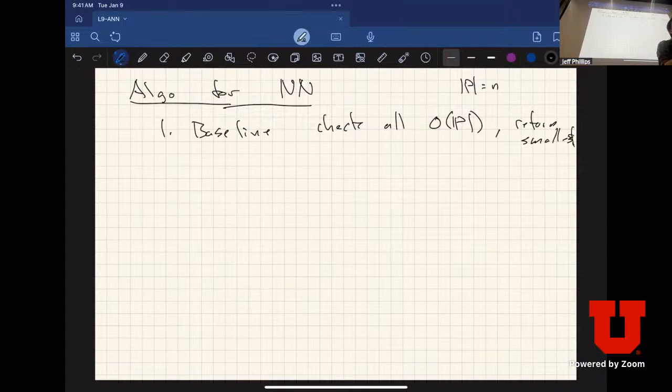The problem is if the size of the data set is very large, then every time I want to answer this question, it's going to take a long time.